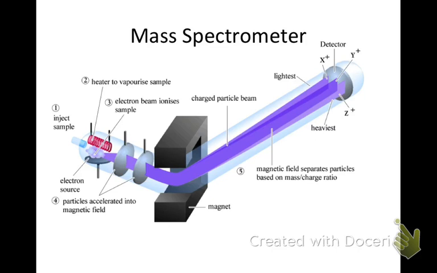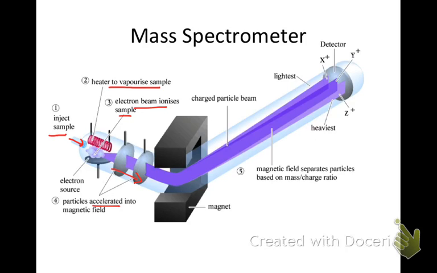Okay, so what happens in a mass spectrometer? The sample is injected into the mass spectrometer here. There's a heater that vaporizes the sample. An electron beam ionizes the sample in this region, and then the particles are accelerated through here.